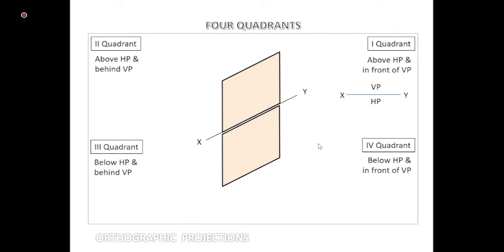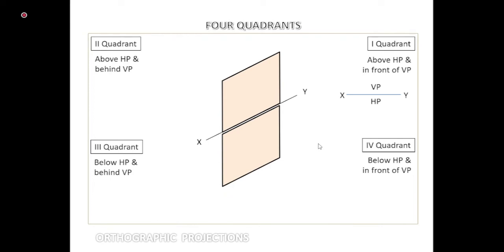Now I will ask you an interesting question. If I'm going to draw the front view of a 3-dimensional solid, where will the front view be? Above the XY line or below the XY line? Above the XY line. Good. If you are going to draw the top view, where will the top view be?